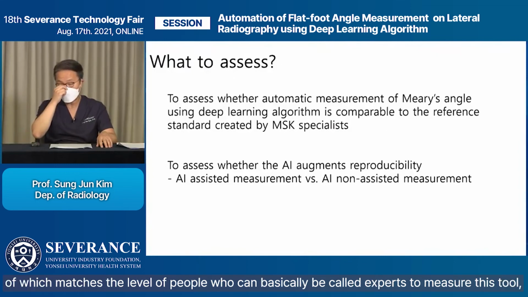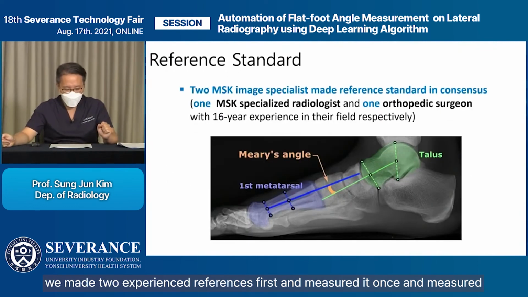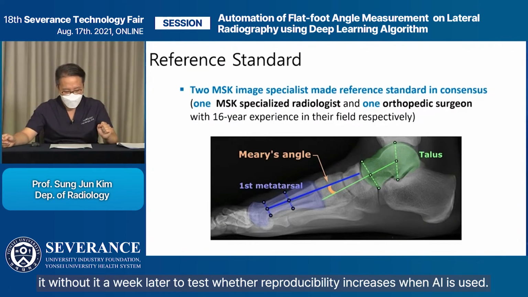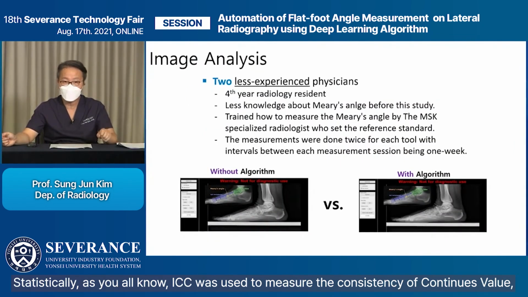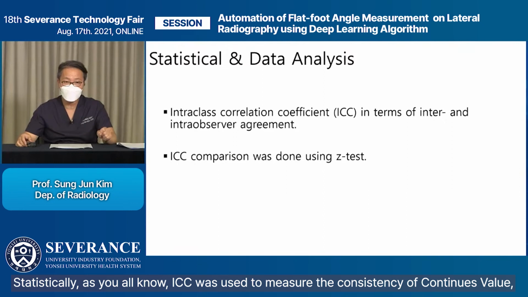This tool was verified in two ways, one of which is that it matches the level of experts at measuring. We had two experienced readers measure once without the tool, and measured again with it a week later to test whether reproducibility increases when AI is used. Statistically, as you all know, ICC was used to measure the consistency of continuous values.